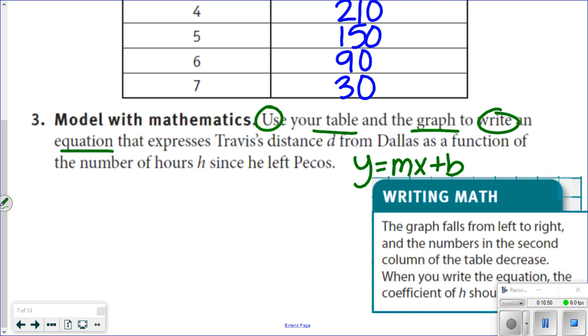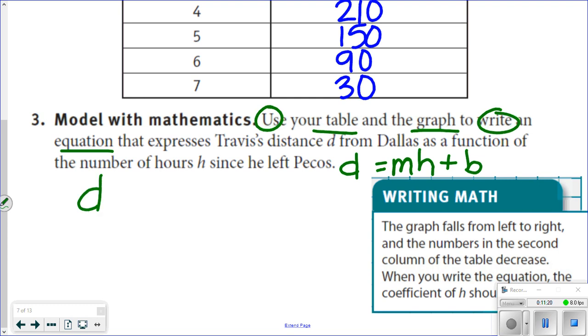But they want us to use d and h, so this would be d equals mh plus b. So we need to think, what is our slope here? What's our rate of change? And what is our starting number?